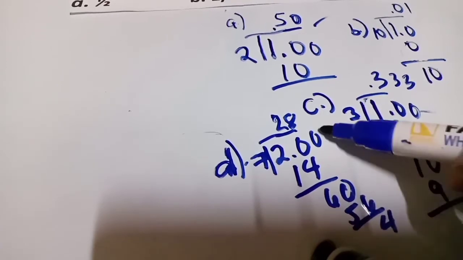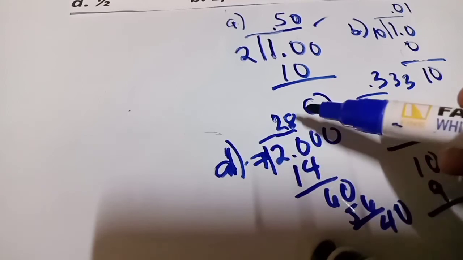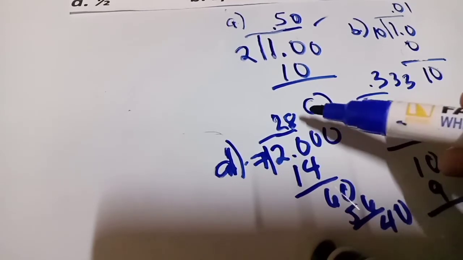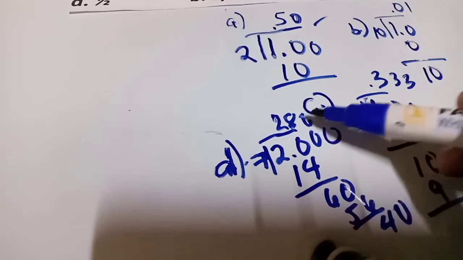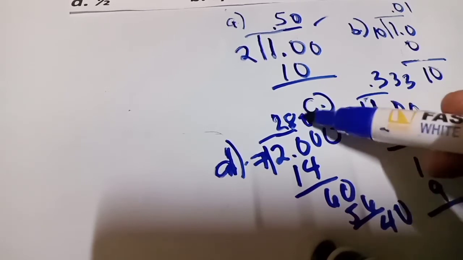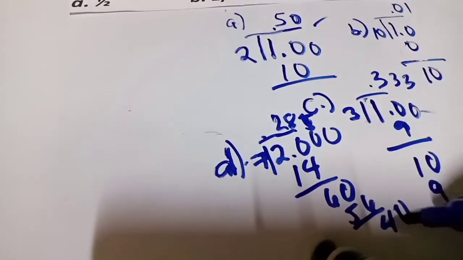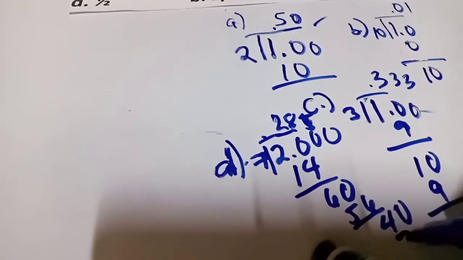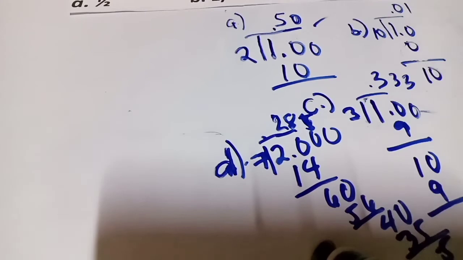We have 40 divided by 7, we have 5. So 0.285 and so on. So the best answer is letter A. So this is the highest value.